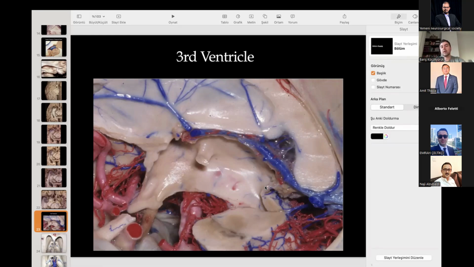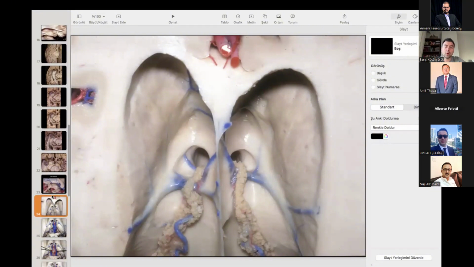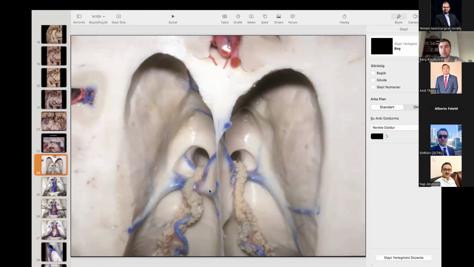So these are the margins of the third ventricle, but let's see it in surgical anatomy. When we want to go to the third ventricle from above, with an interhemispheric approach, first we go to the lateral ventricle. Let's see this again. We need first to see and understand where the thalamostriate vein is.